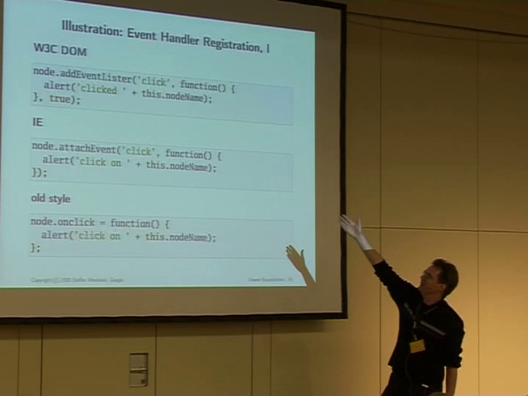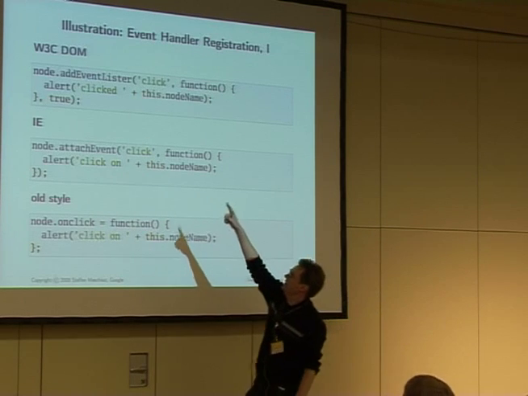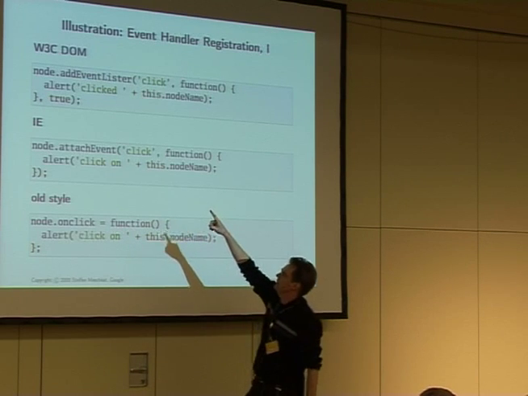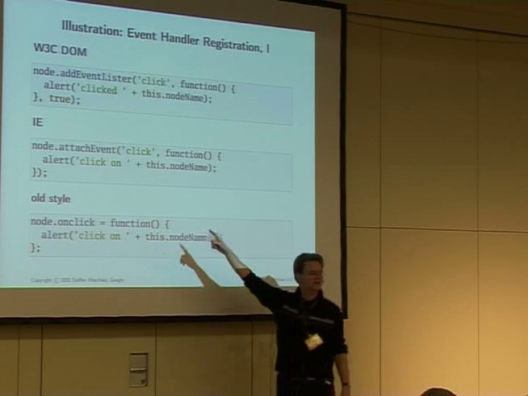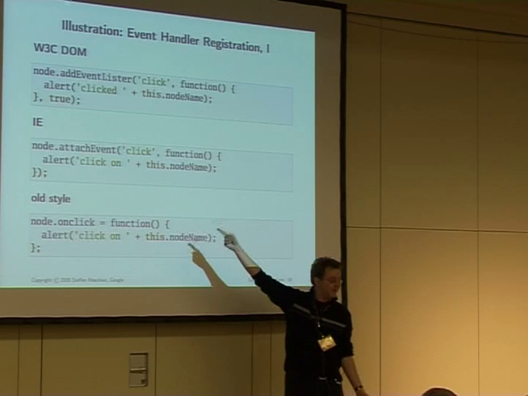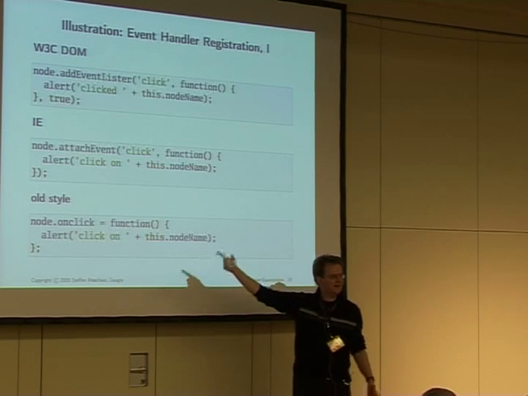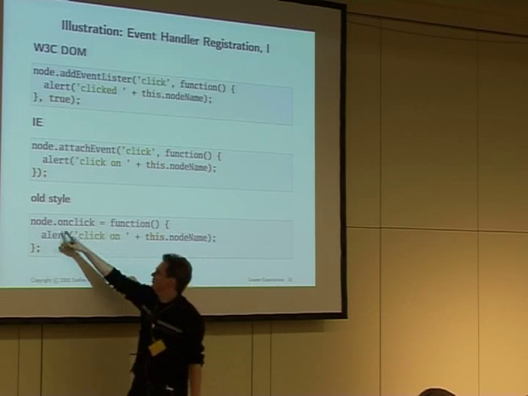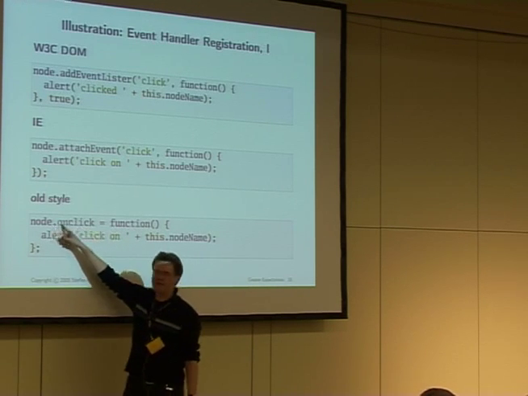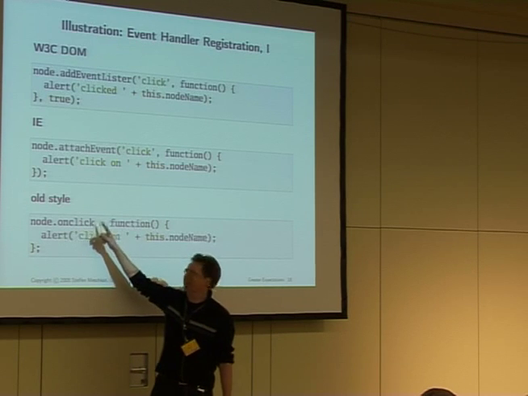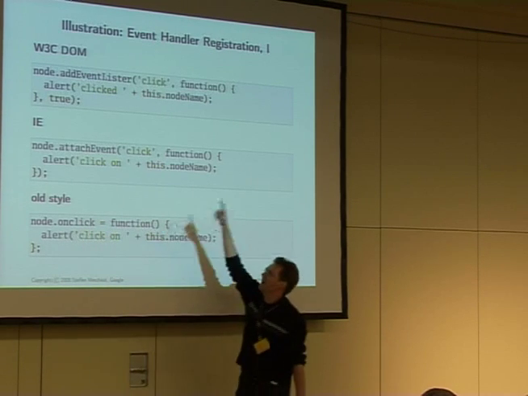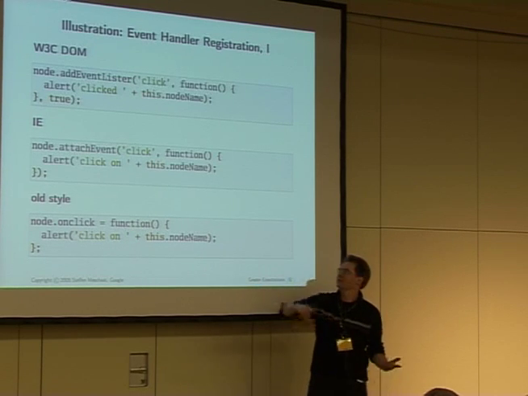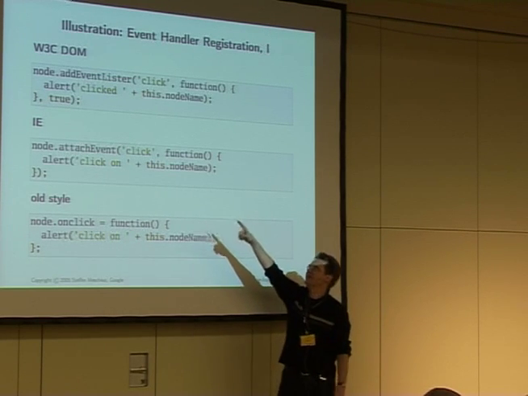These 3 are addEventListener, which is the official document object model by the World Wide Web Consortium. Internet Explorer has a different way. It says attachEvent. And there's an old style way of registering event handling functions, which is just assigning to a property that has the same or similar name to the event. All these examples register a function to be executed if you click on a certain element that is represented as this node object there.